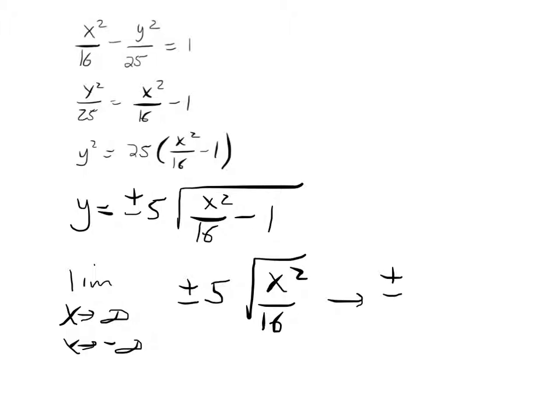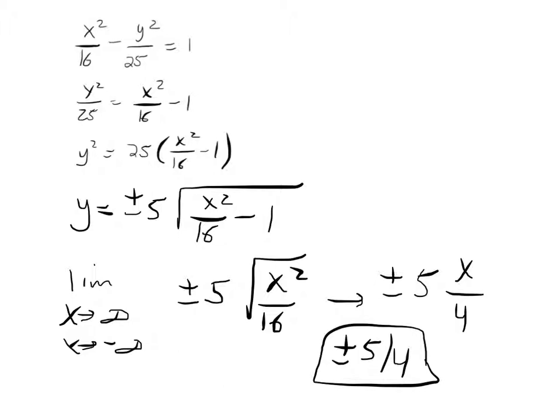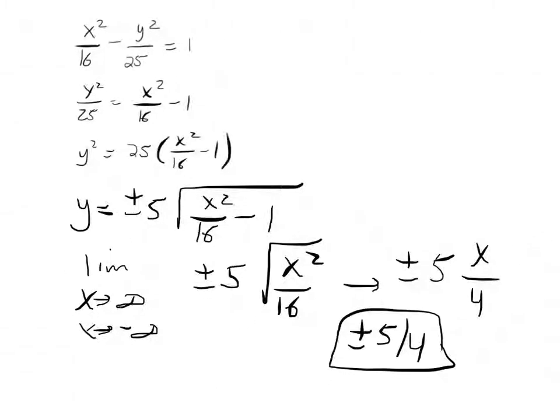The square root of x squared would be x; I've already got the plus or minus taken care of. The square root of 16 is 4, so pretty much now plus or minus 5/4 x. As x gets very, very large or very, very small, our y values, our outputs, head toward plus or minus 5/4 x.